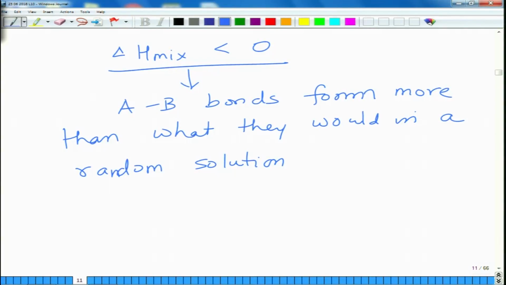So, basically more AB bonds will be formed than what you will form in a random solution. In such a case, the alloy may form either short range order or long range order.